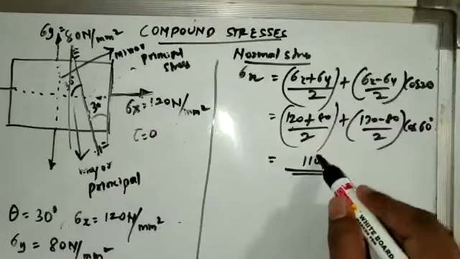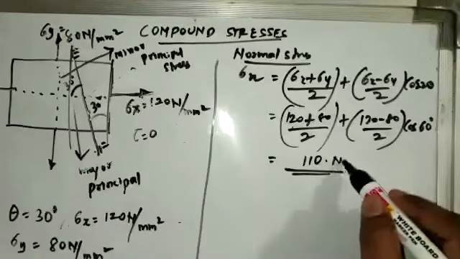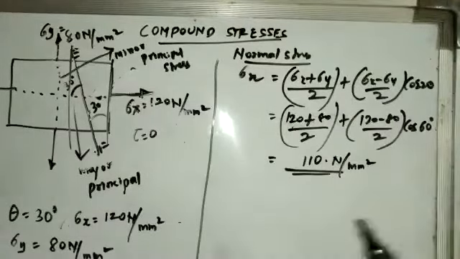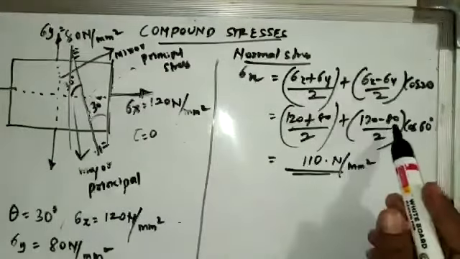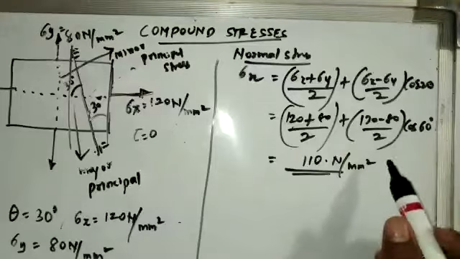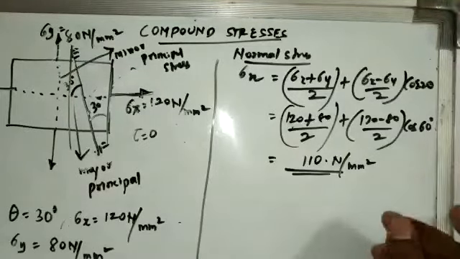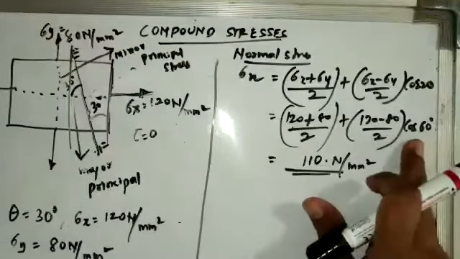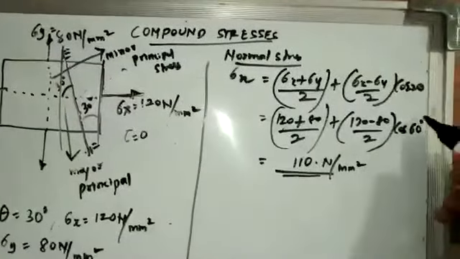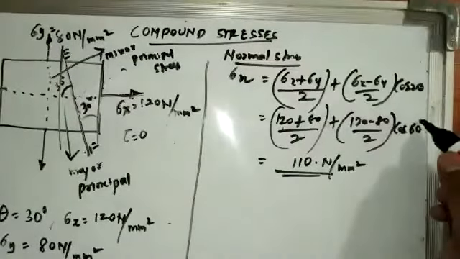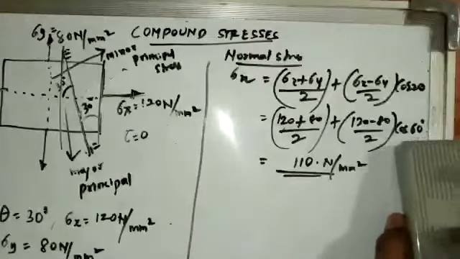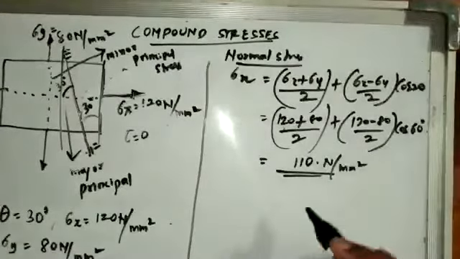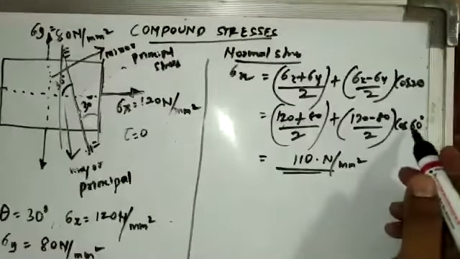You must be getting 110 Newton per millimeter square. 120 minus 80, that is 20. 20 cos 60. Make that in degrees, okay? Your calculator, if it is in radians, change that to degrees, because angle is in degrees here.